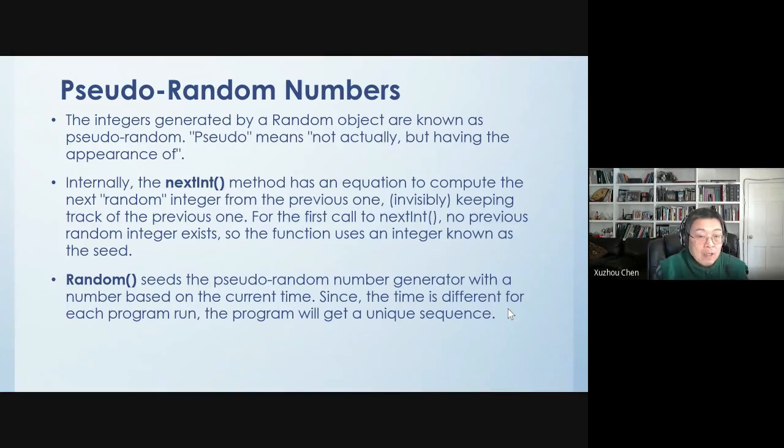The computer uses some kind of formula to generate a sequence of numbers that looks random but actually has a certain pattern. Because it can fool people into feeling it's random, it's called a pseudo-random number.